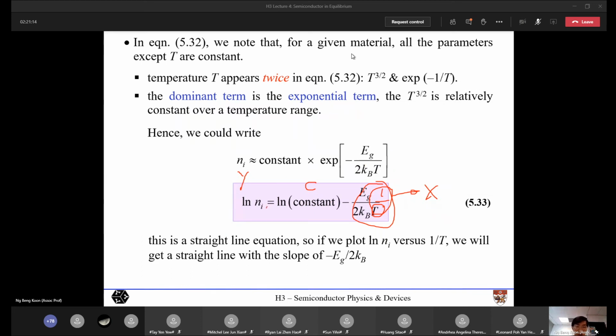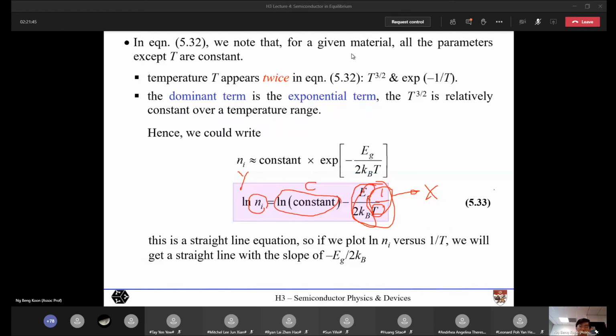So using this straight line equation, if you change the temperature and measure the change in intrinsic carrier concentration in the semiconductor, which is something you can do, then you can plot it as a straight line. That means you take different temperatures and measure different Ni. You will get a straight line where the y-intercept is your ln C value, and the gradient of the straight line is Eg over 2kB.